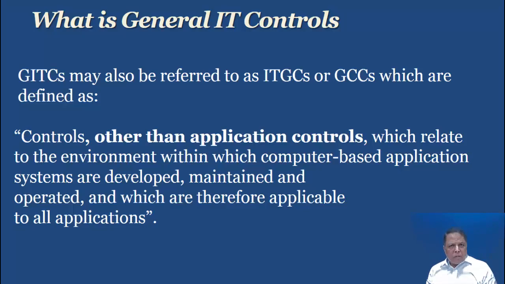So no matter how expensive the software, how good, how user-friendly, or how extensive the software, no matter how good the application controls, if somebody could have gone to the backend and changed programs, data or controls, then the controls at the application level are pointless. I think this needs to be understood very clearly. In order to rely on application controls, the foundation, the infrastructure, has to be strong. And this is what we refer to as general IT controls.